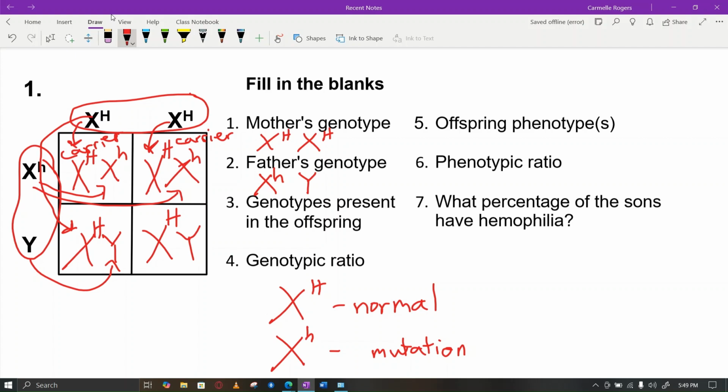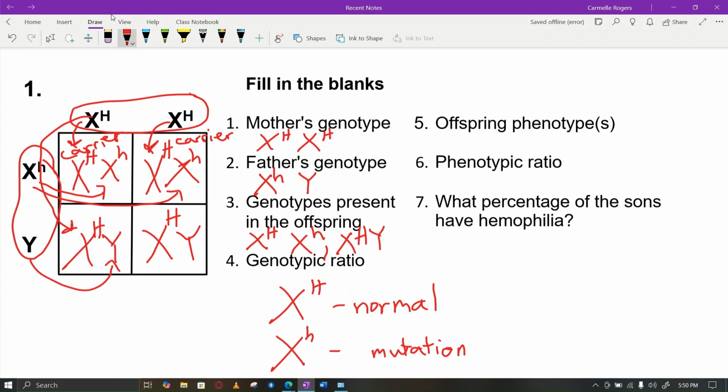The genotypes present in the offspring: at the upper left and also the upper right, they have the same genotype, X capital H, X lowercase h. The individuals at the bottom also have the same genotype, X capital H and Y.